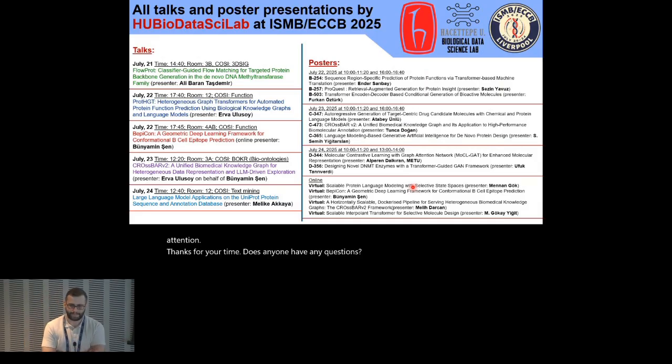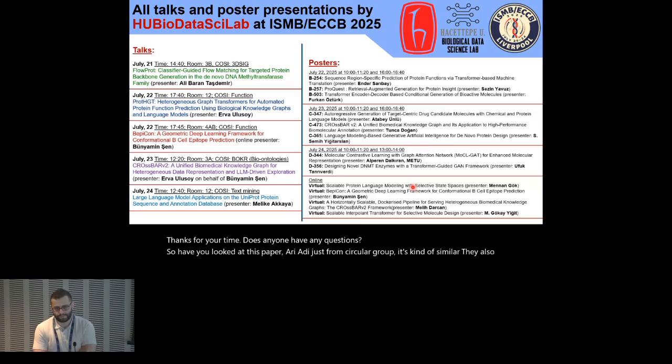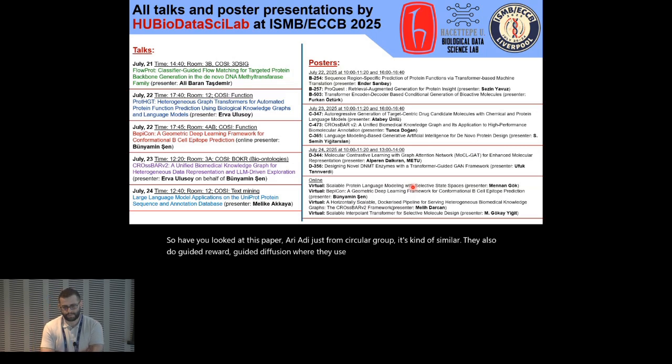Hi, that was a very nice talk. Have you looked at this paper RERD, which is from Sergey Levine and Aviv Regev's group? It's kind of similar. They also do reward guided diffusion, where they use it in the denoising. And I was curious how your approach would compare to theirs.